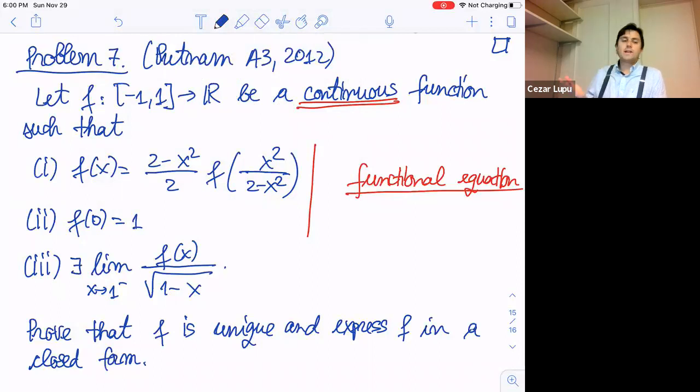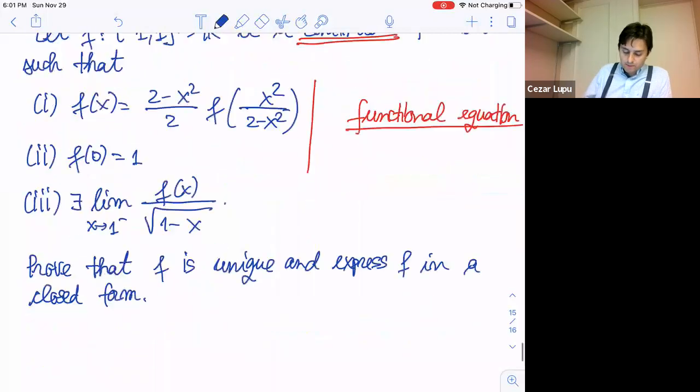You have to write it in a certain form where you can simplify it a bit. And then you take a sequence, and then you'll see the convergence of that sequence, and then you just play around. Then you use continuity because you know how to take the limit as n approaches infinity, and using the definition of continuity with sequences, then you can find the function. So let's get going.